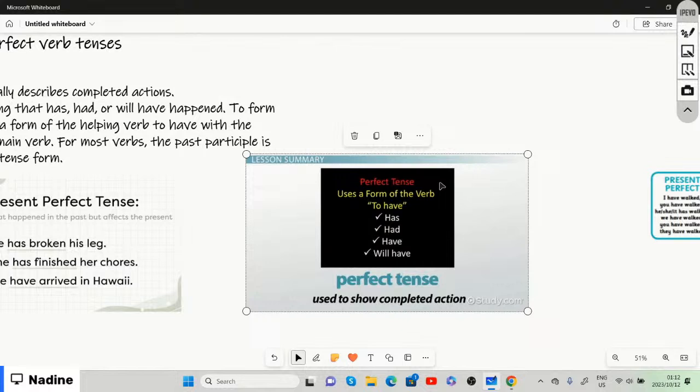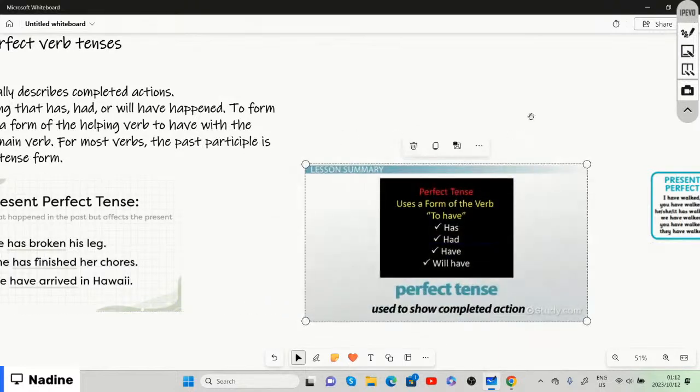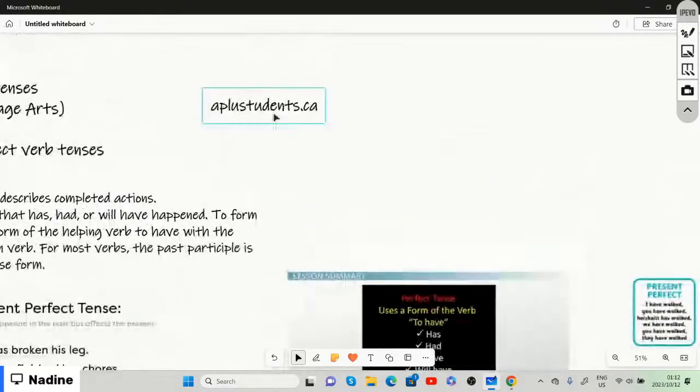It is also used to show a completed action. And remember, when it comes to the different tenses, it is about present tense, past tense, as well as future tense.